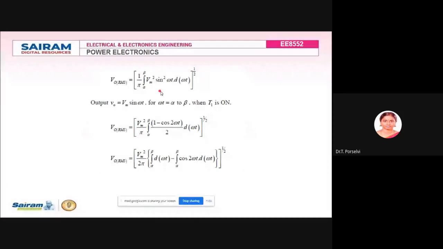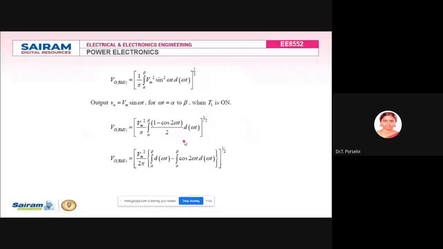So 1 by pi, the output voltage is present from alpha to beta, and that is the same as the input voltage. So take the input voltage squared, Vm square sine square omega t d omega t, to the power 1 by 2. Substitute for sine square omega t, which gives 1 minus cos 2 omega t by 2, and do the integration.